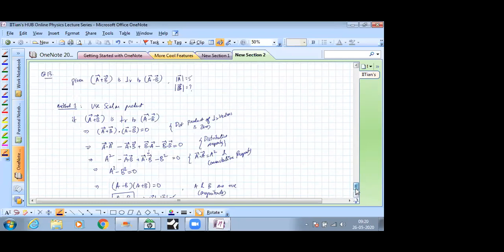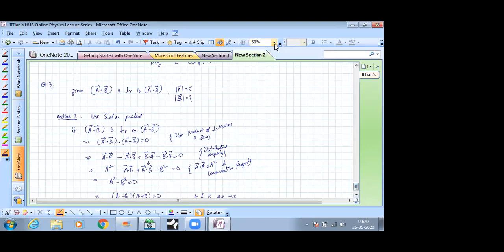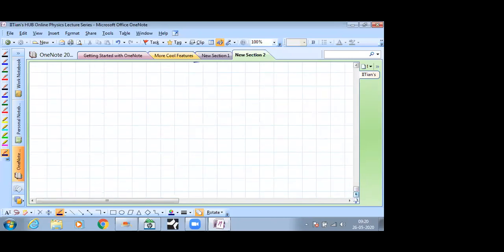Right, so this was one method. Now let's look at another interesting method of doing this. Method 2 is a geometrical method.